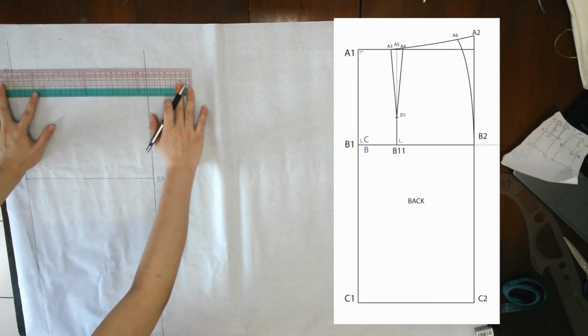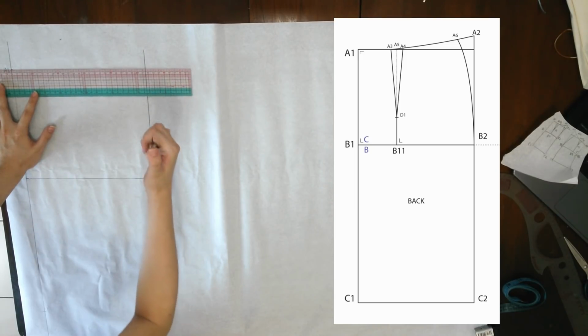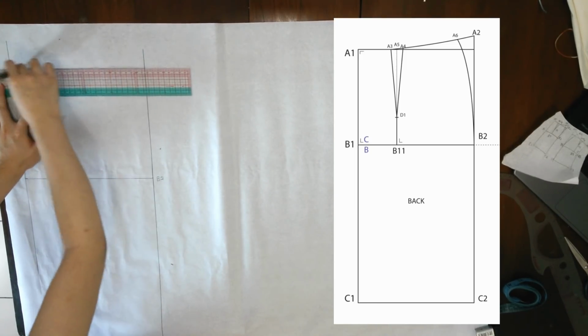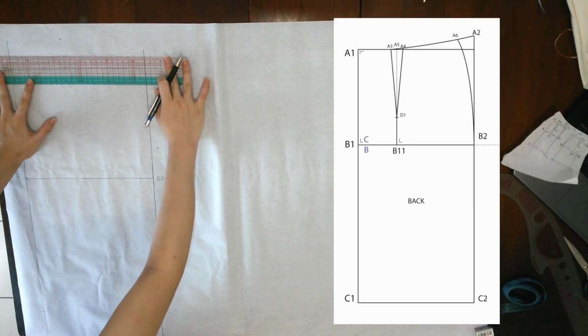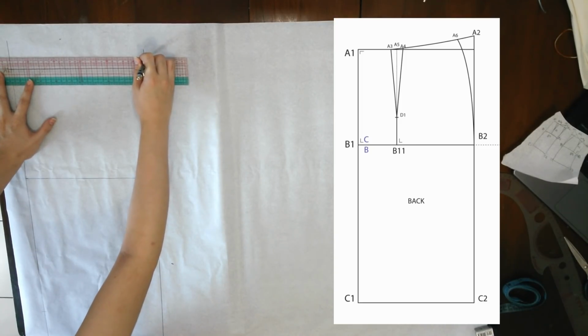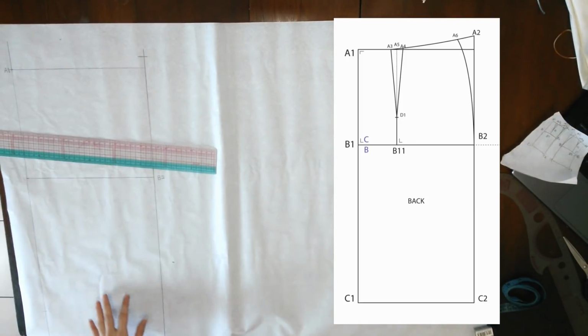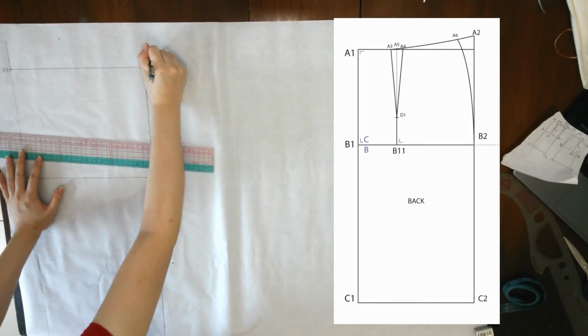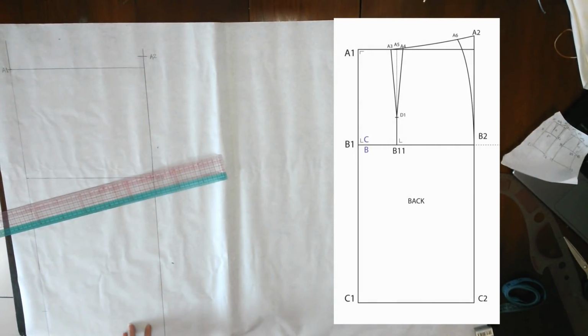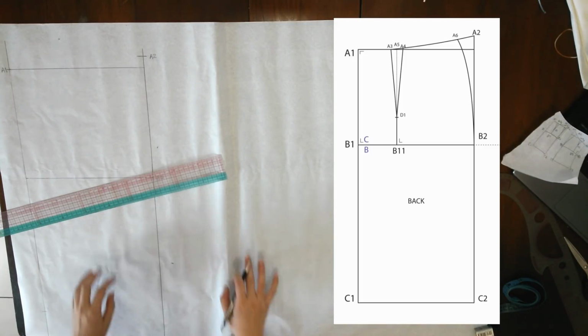A2 is 2 cm higher than the A1 line. Now we already have A1, B1, C1, A2, B2, and C2. Next, we need to mark A3.